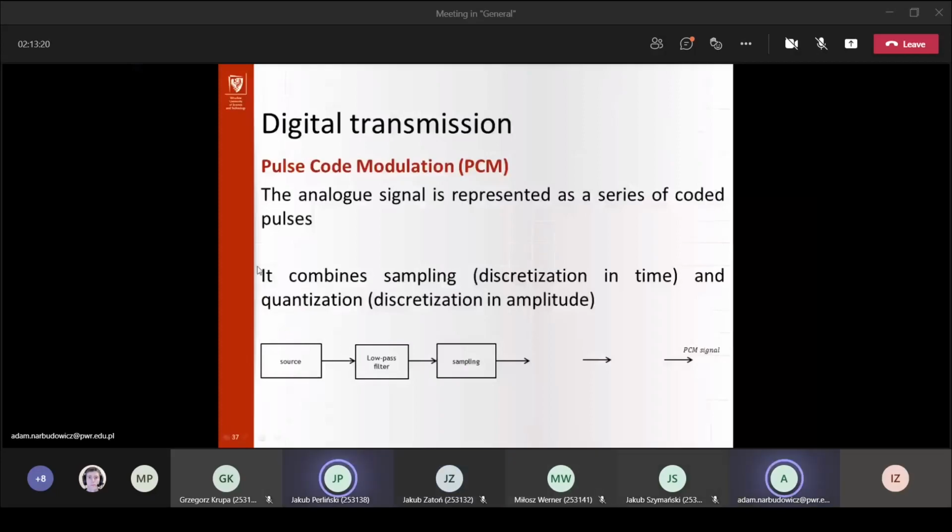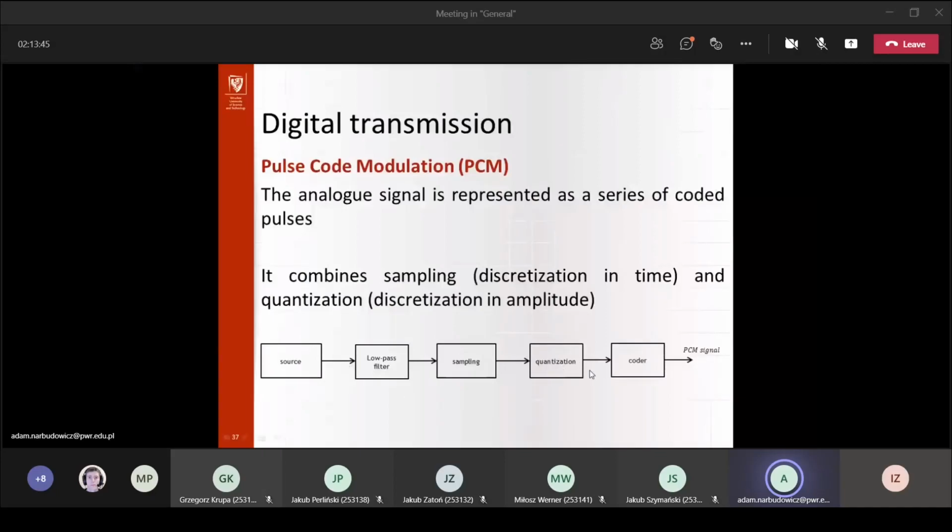Exactly. So basically, the low pass filter cutoff is more or less the same as the upper frequency of our source signal. I say more or less the same because you might need to allocate some room for the slope of your filter. Then we do sampling.